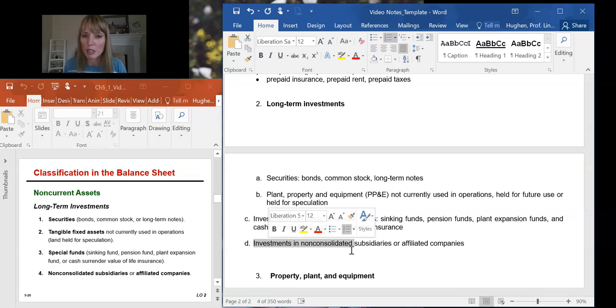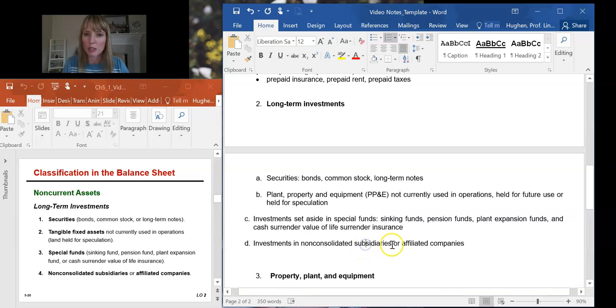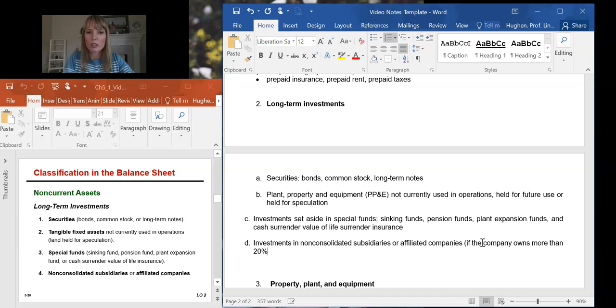So the company's common stock investments that we have, where we own less than or equal to 50%, we do not consolidate. So we need to report that investment on the assets section, and we report it specifically here in the long-term investments. Separate, this is if we own more than 20%. I'll write that down. If the company owns more than 20% and less than about 50% of the common stock in the subsidiary.